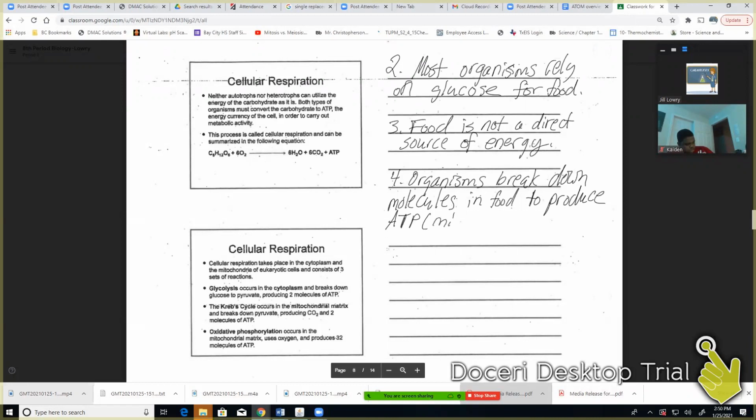And remember, that happens in the organelle called the mitochondria, which we're going to talk a little bit more about today. The chloroplasts are important in photosynthesis. Mitochondria are important in cellular respiration.